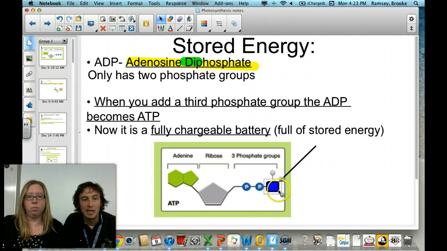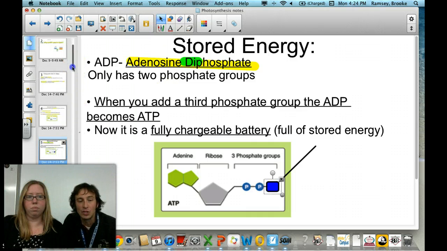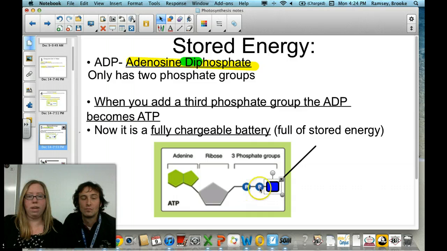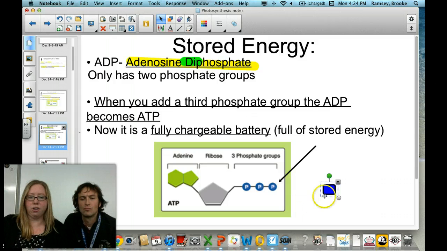So ATP and ADP are related to each other. ADP is like the uncharged battery. ATP is like the fully charged battery. So again, this third phosphate right here, forming the third group, stores the energy, and breaking the bond and releasing that, only having two phosphates, releases the energy, and this is where you get your ADP.